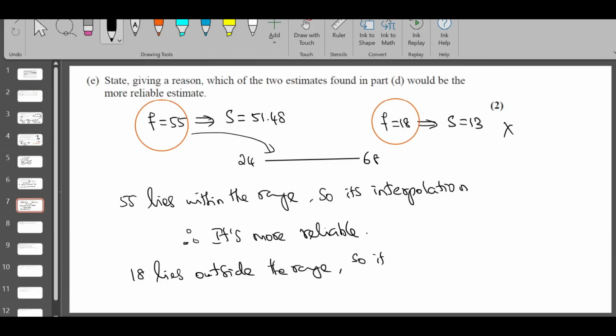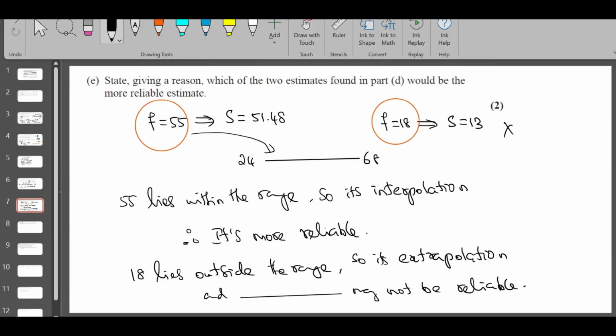So it's extrapolation. And the model may not be reliable. The value we calculated in part B may not be reliable. That's how you write the answer.